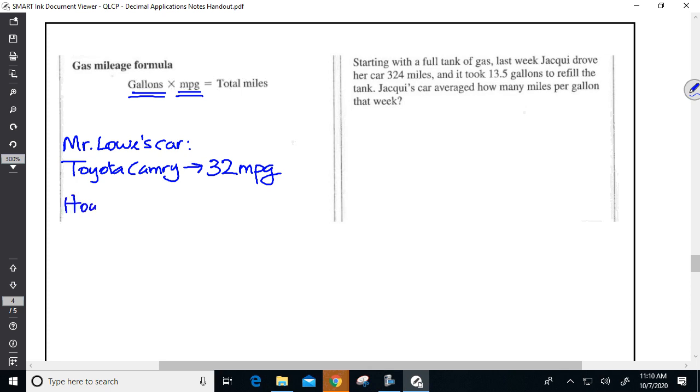So I want to know how many miles I can go if I have 14.6 gallons of gas. 14.6 for me is about 3/4 of the tank.